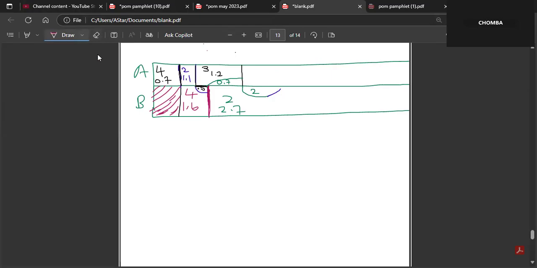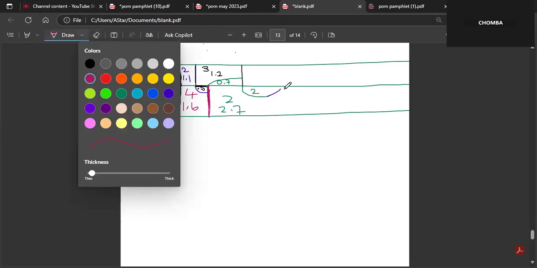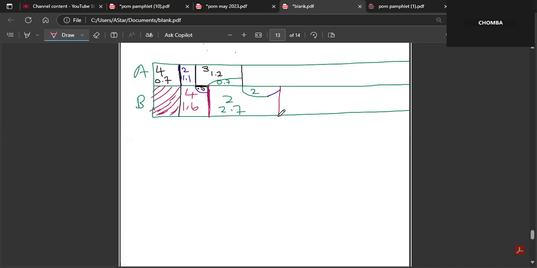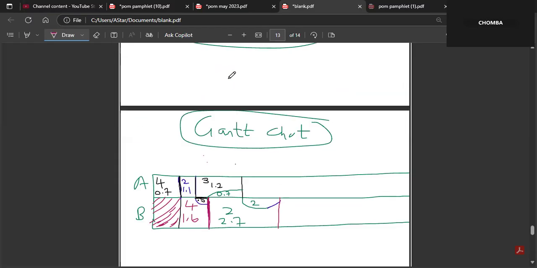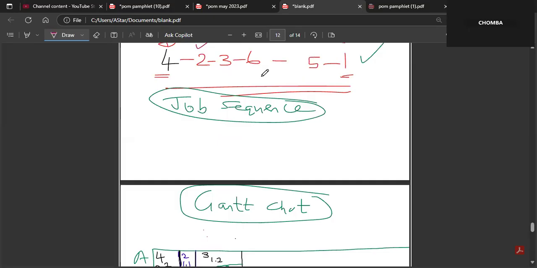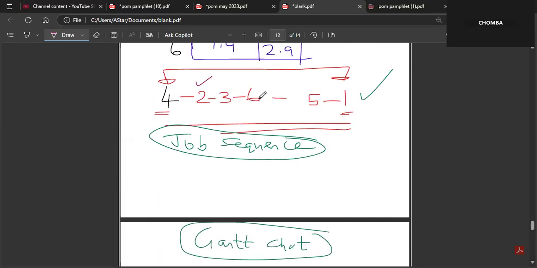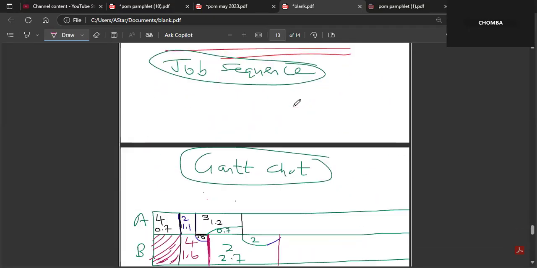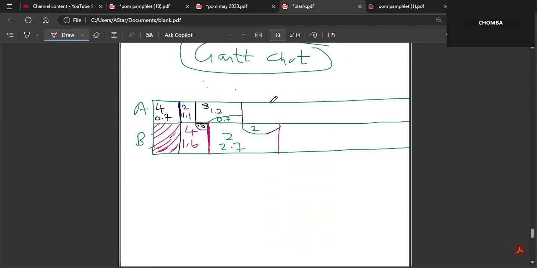Okay, so this is what's happening. Now you can see by the time they finish binding job 2, these people would have already finished printing job 3. So they would have switched on to job 6. Are we together? Job 6 is taking 1.9.